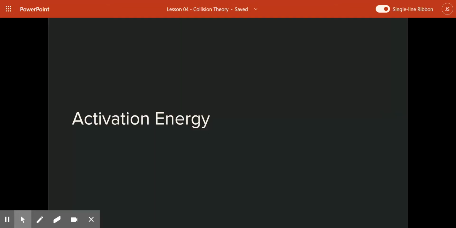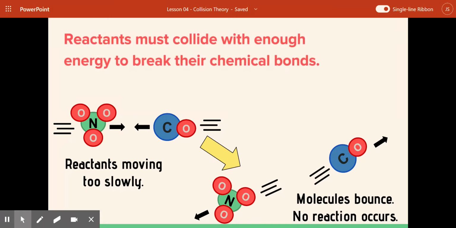So activation energy is basically the energy that's needed to break the bonds between particles. So within a compound like this, where we've got oxygen combined with nitrogen, we have to be able to separate the oxygen and the nitrogen apart before either of them can react with the carbon or the oxygen here.